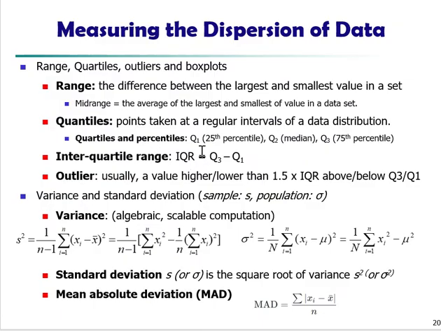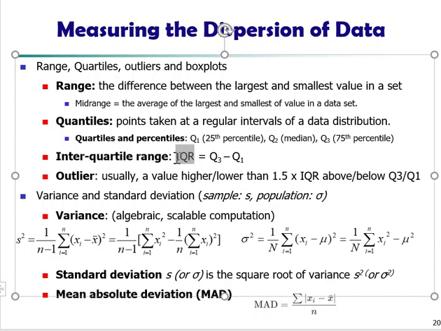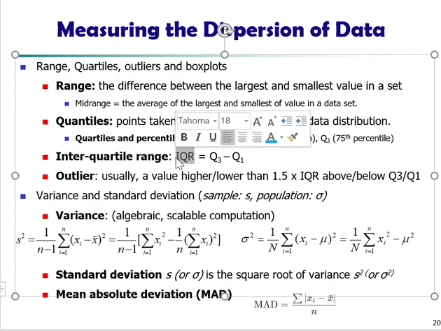And then with those quartiles, we will be able to define the interquartile range. This is a very important measurement because using this, it can tell us what the outliers might be. I think last week we mentioned noise and outliers. Noise is something that we definitely want to remove, but outliers could be something interesting to study.